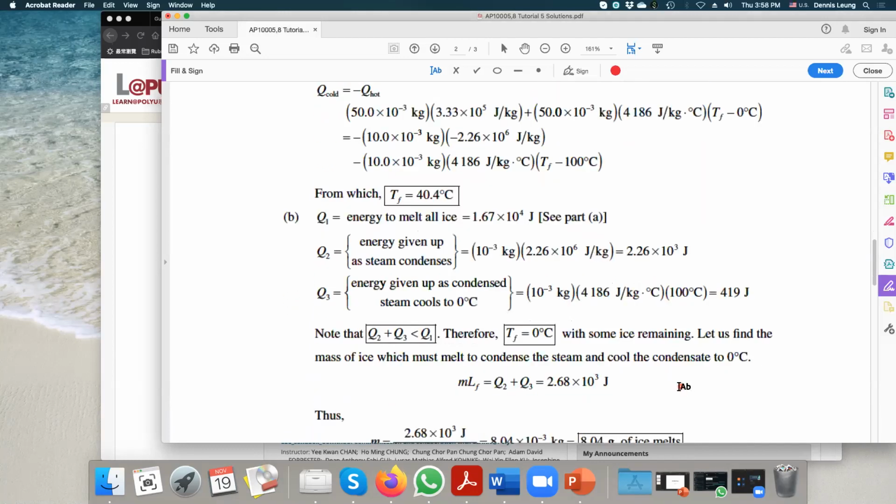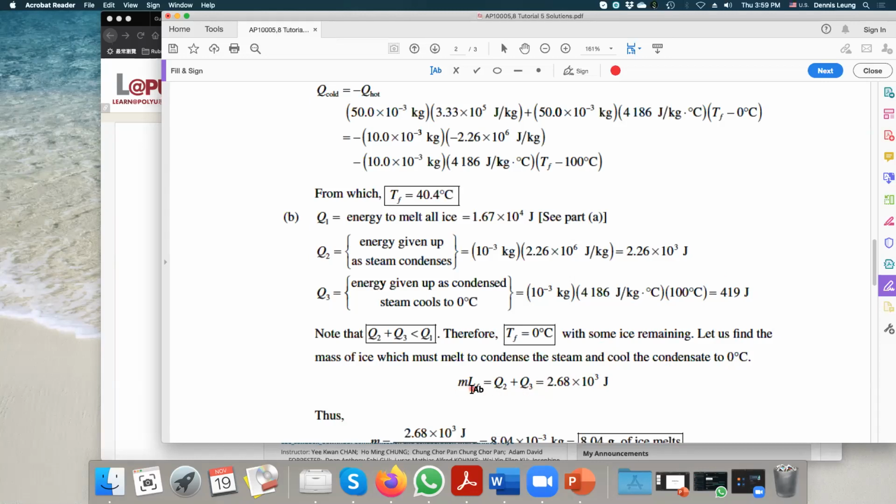So how much of the ice originally at 0 degrees C is being melted? The total amount of energy available from the steam is 2.26 times 10 to the power 3. And after it condenses in the water, it has an additional 419 joule before it cools down to 0 degrees C. Total energy, Q2 plus Q3.